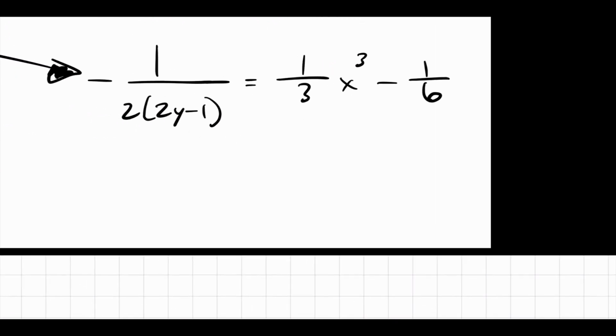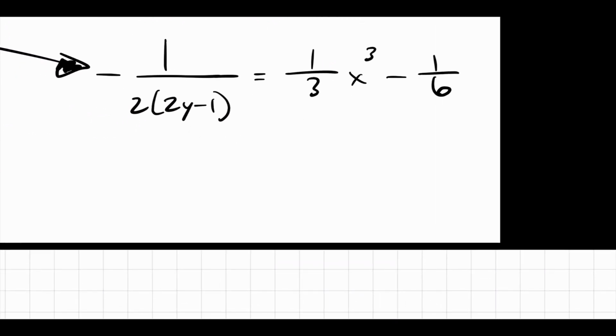So the first thing I would do, there's many ways to do this. There's many, many ways to do this. First thing I would do is separate this guy here, actually I don't need the parentheses once I do that. Okay?